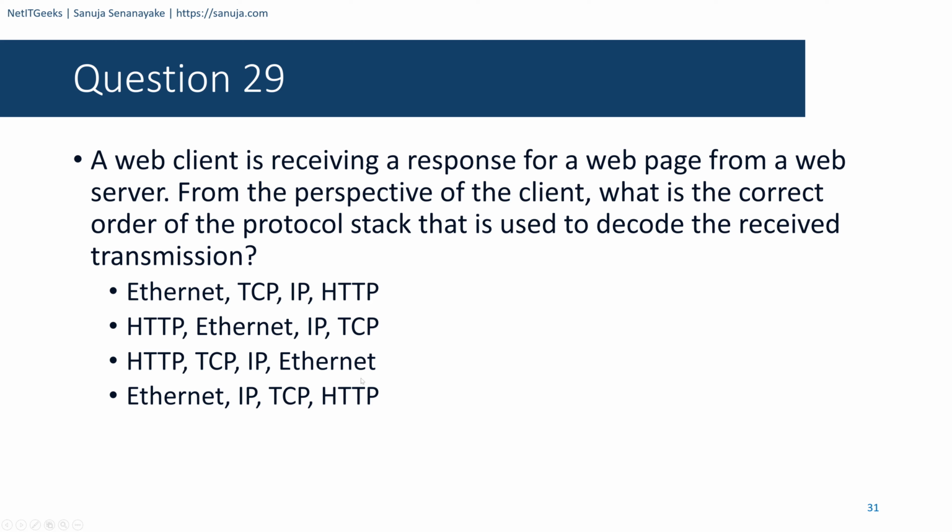So from your point of view, it is this one, because you are connected to Ethernet first. Then it has to go to IP, which is responsible for delivery across the best destination path. Then you use TCP and then HTTP. So the answer to this question is this.